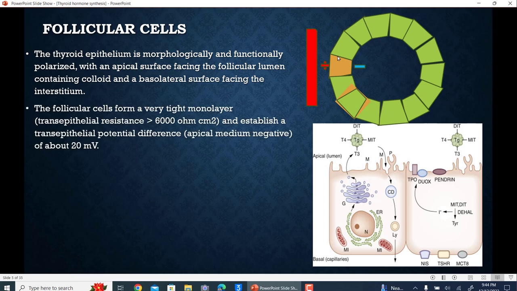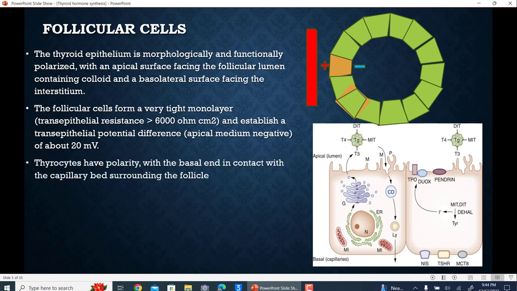The follicular cells form a very tight barrier, with a transepithelial resistance of 6000 ohm centimeter squared, and establish a transepithelial potential difference, apical medium negative, of about 20 millivolts.